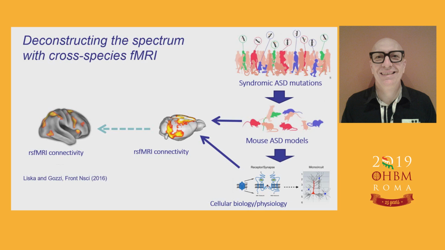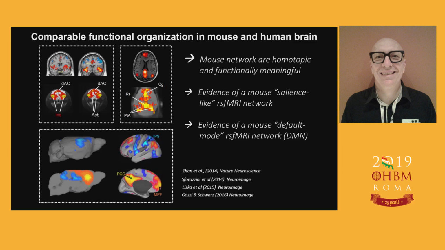And if we do this by using a translatable readout like resting state fMRI, we have a third important advantage. We can try and translate directly from the clinic, and vice versa to the clinic, changes across species.